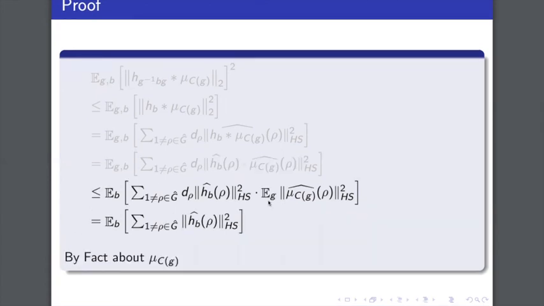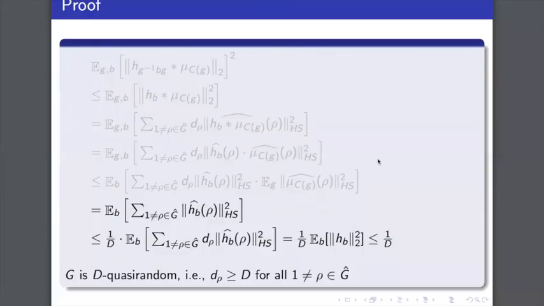Now we use the fact we discussed about the function mu cg. So this average is equal to 1 over d rho, and that cancels this d rho. So now we are only left with this expression. Okay, so now we are basically done, because in the expression we have over here, we can multiply and divide by d rho.